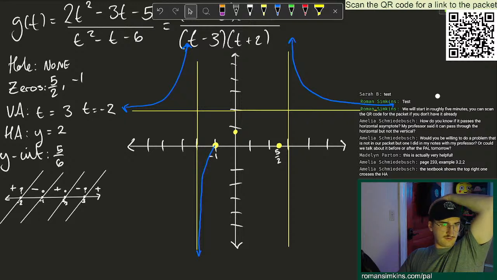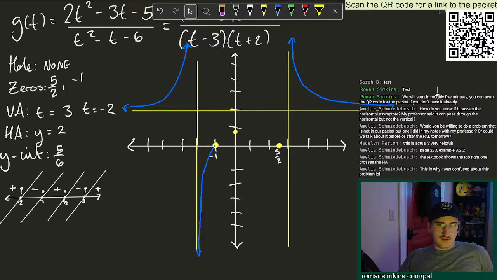Yeah, I think you're right. Is there a way we can find this out? I'm trying to think. We have a horizontal asymptote, and then we're staying positive.